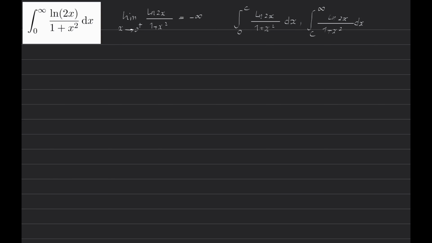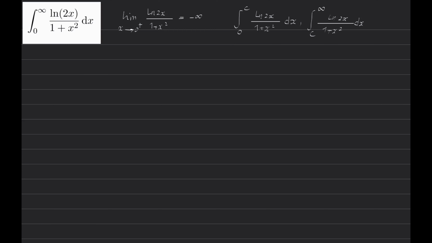Of course, c is up to you to choose. If you find one particular c for which both integrals converge, then this integral by definition converges. And in principle, if you can find the value of each integral for that c and add them up, it becomes the value of the integral.